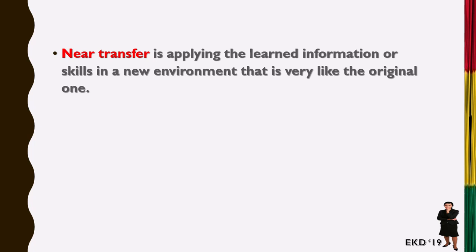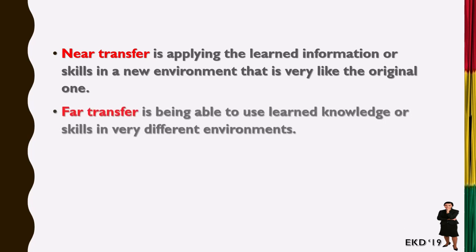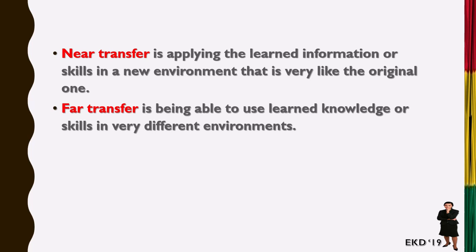Like, let's say you learn set in Form 1, and in Form 2 you are learning set, so you build upon what you learned in Form 1. You are learning set in university, you build on what you learned earlier. So that is a near transfer. But far transfer is using it in a different environment.